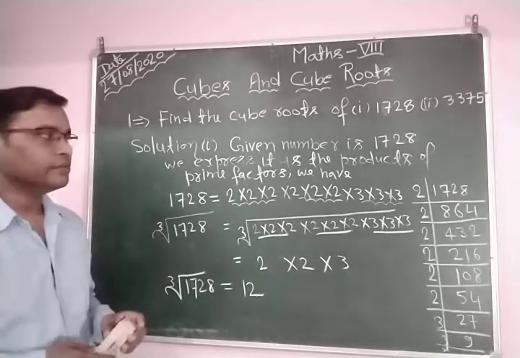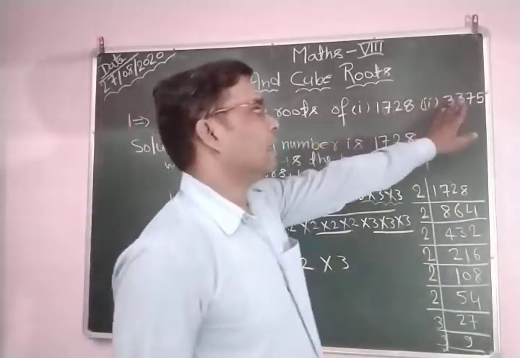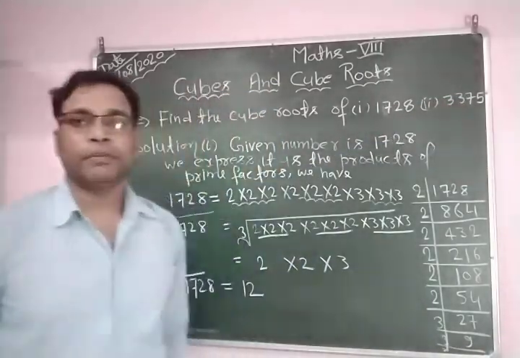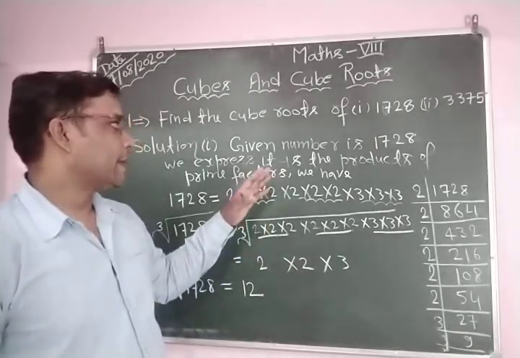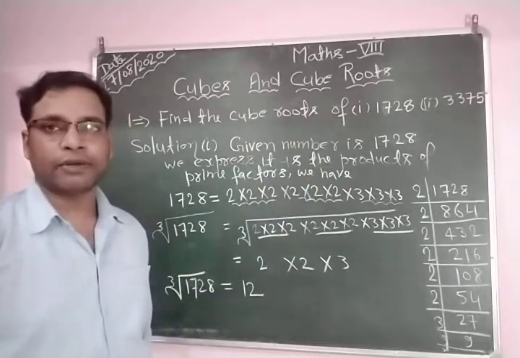Now this is the second part. Find the cube root of 3375. For this, first we find the prime factors of 3375.